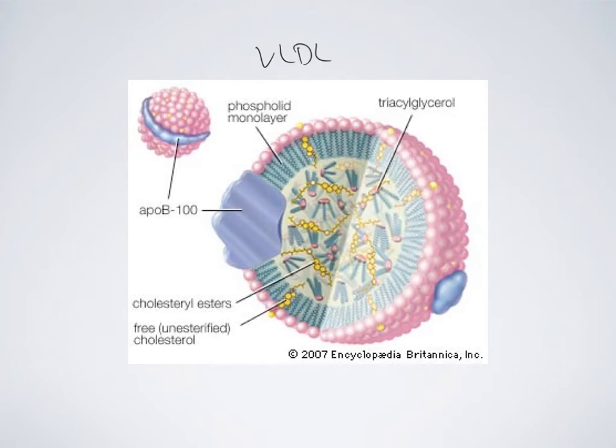So one of the jobs of the liver is to send triglycerides out to the body when it's needed as a fuel source or for normal wear and tear. Like, you have to regenerate membranes all the time. Cholesterol is an important part of your membranes. So it's to shuttle this stuff out of the liver. It stores it in the liver until it's needed. It shuttles it out into the body.